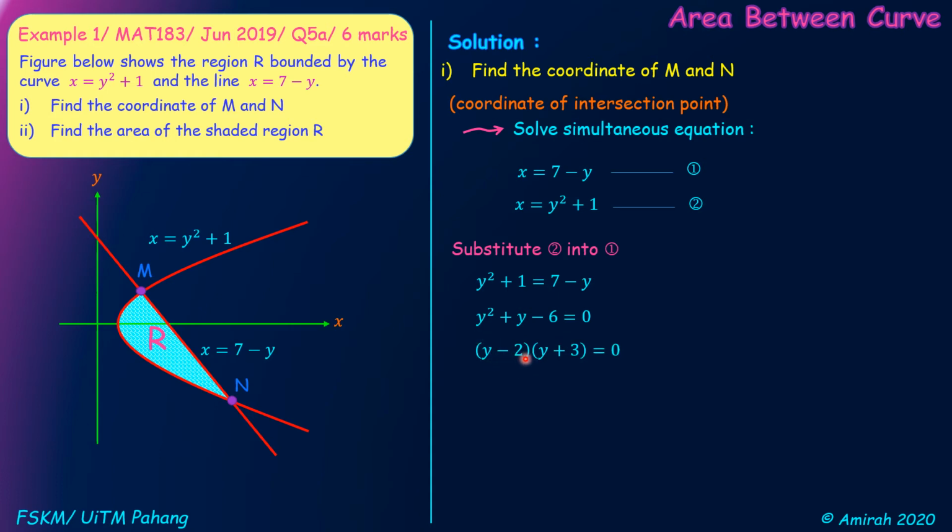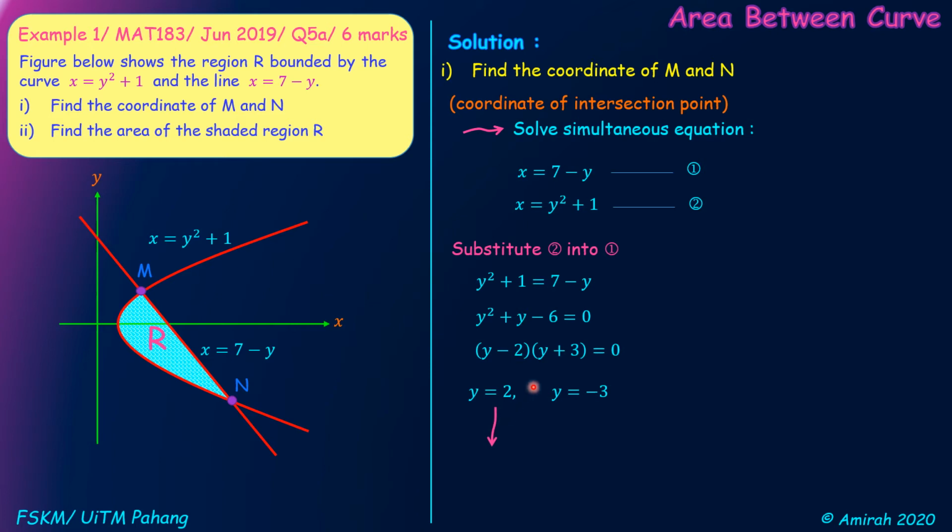So we get y minus 2 times y plus 3 equals 0. When we equate each factor to 0, we get y equals 2 and y equals negative 3. Coordinate here means we need to write in terms of bracket x and y. Now we have found the values of y. So after that, we need to find the values of x.